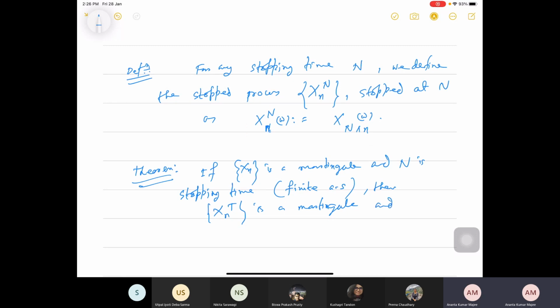And not only that, hence it is a martingale, the expectation of X_{n∧N} should be the same as when I put n equal to 0. That means this should be the expectation of X_0, and this should hold for all n. So for a stopped process, if X_n is a martingale, then the associated stopped process is again a martingale, and not only that, the expectation of X_{n∧N} is equal to the expectation of X_0 for all n.